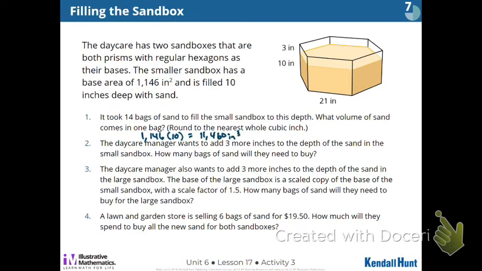Okay, that's my volume. I know I need to split that up evenly among 14 bags. And that's going to tell me 818.57. But round to the nearest whole. So that's about 819 per bag.